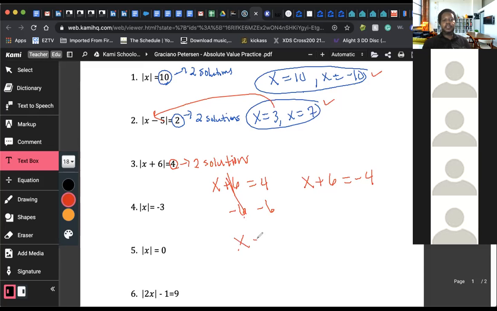I'm going to get x is equal to -2. And then I'm going to again subtract 6 from both sides on this version. And I'm going to get x is equal to -10. So those are my two answers for number 3. X is equal to -2 and x is equal to -10.